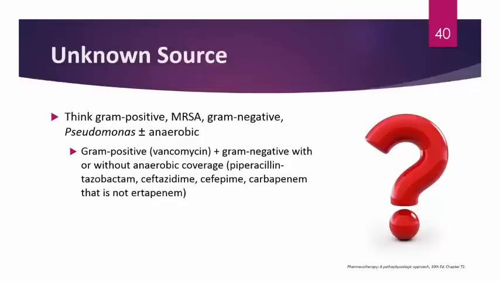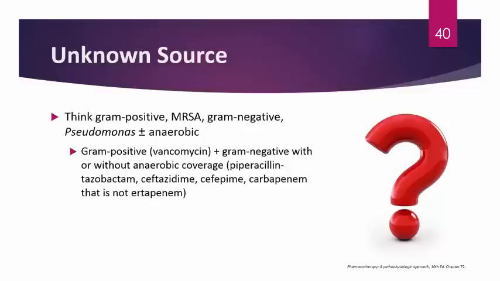If you have an unknown source for infection, so if you have no idea what the source is and your patient's coming in and you're completely blind, you pretty much want to cover your big players, so gram-positive, MRSA, gram-negative, Pseudomonas, and anaerobic coverage. Again, you won't necessarily typically cover antifungal or antiviral first unless your patient actually has risk factors for those.